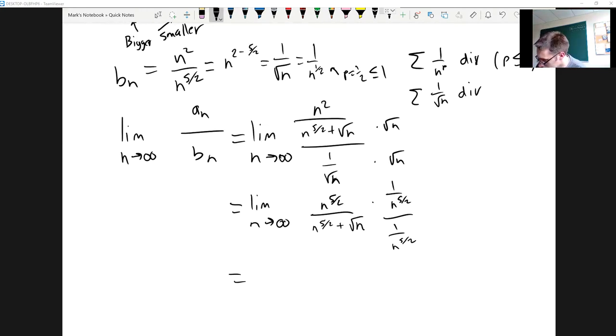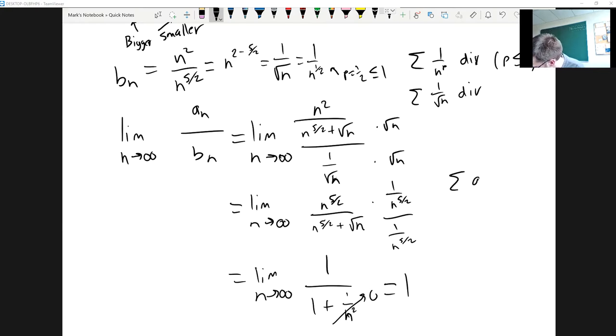And we will get the limit as n goes to infinity of 1 over 1 plus root n over n to the 5/2, which is going to be 1 over n squared if you simplify the exponents. And that term goes to 0. And we'll be left with just 1. And so because our limit was 1, that means the sum of an and the sum of bn do the same thing.